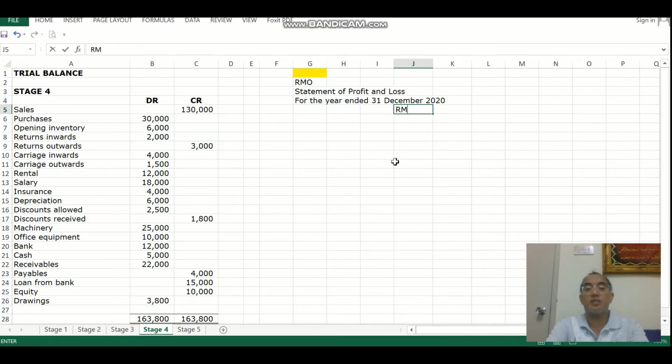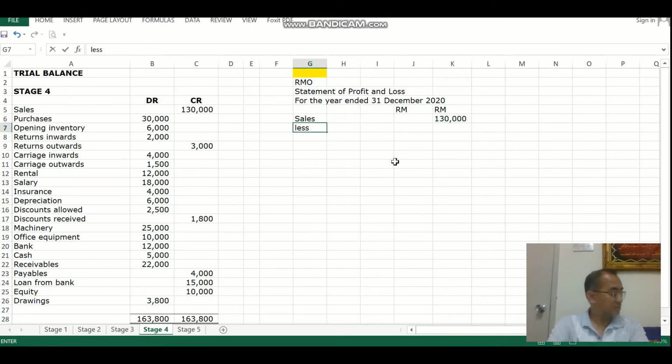Okay, this is the ringgit column. As always, sales should be here. Sales is 130,000, less, of course, returns inwards. This is something that is returned back to you.